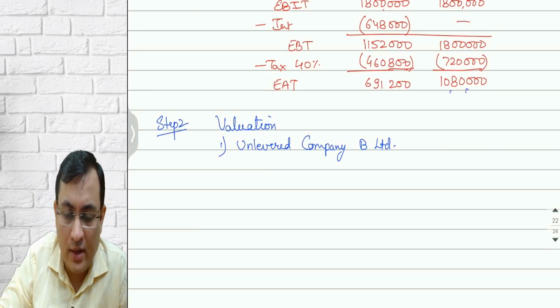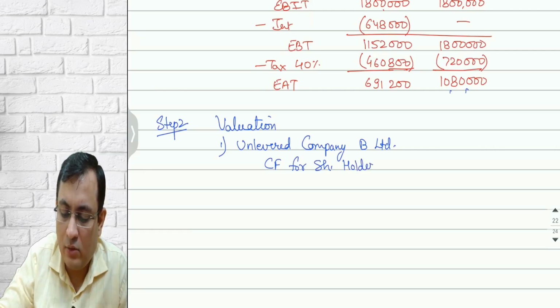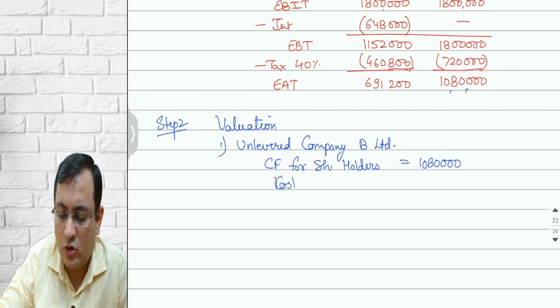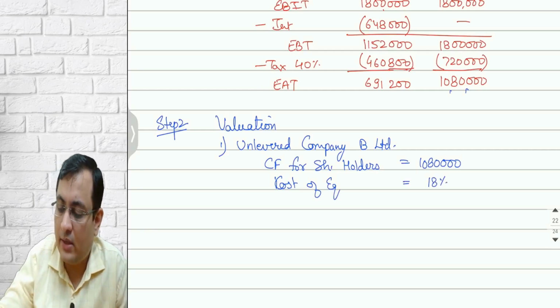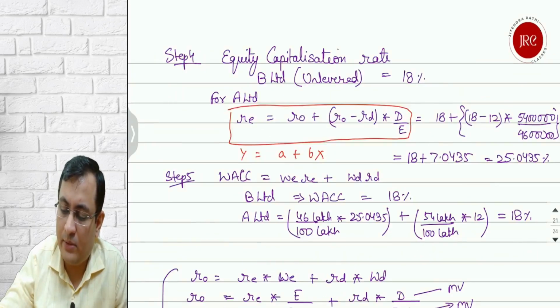The cash flow for shareholders, there are no debt holders, is 1080 till infinite. And the cost of equity the question already gave us, and it is also equal to WACC, it is 18%. I think 18 was the number given, yes, 18%.